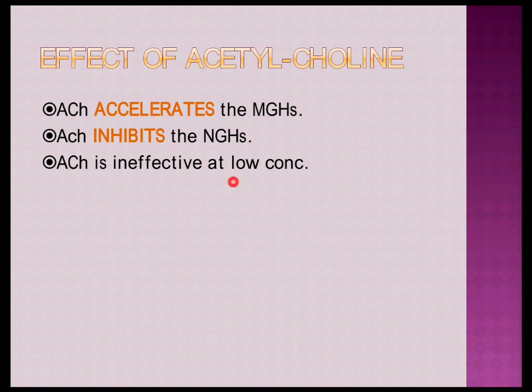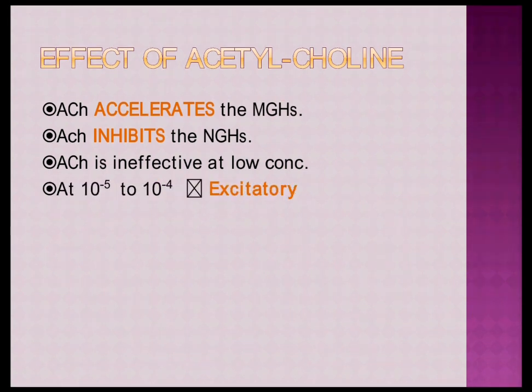At very low concentrations, it is ineffective. That means it cannot inhibit the neurogenic hearts, and it cannot accelerate the myogenic hearts. Even at a concentration of 10 to the minus 5 or 10 to the minus 4, it is excitatory.